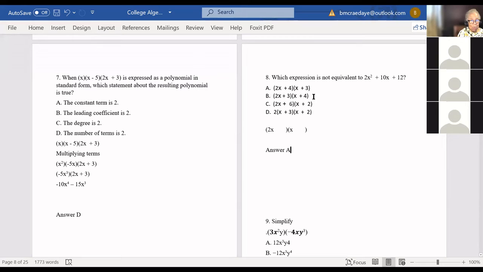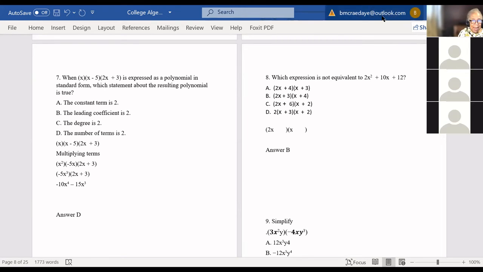Yes, the answer is B. But Audrey just said A. But Audrey, A comes out to the 10x. 4x plus 3 times 2x is 6x. That's 10x. So that one is equivalent, but it says not equivalent. So the answer has to be B. B as in boy.